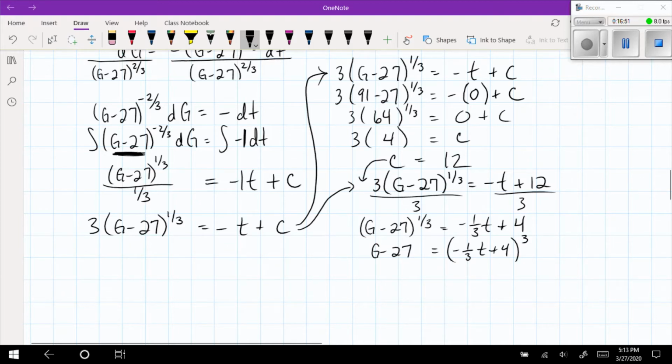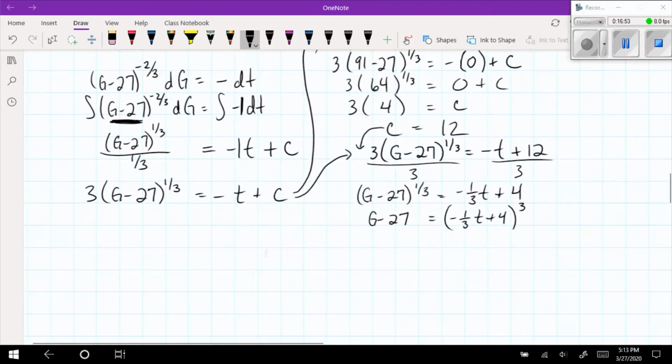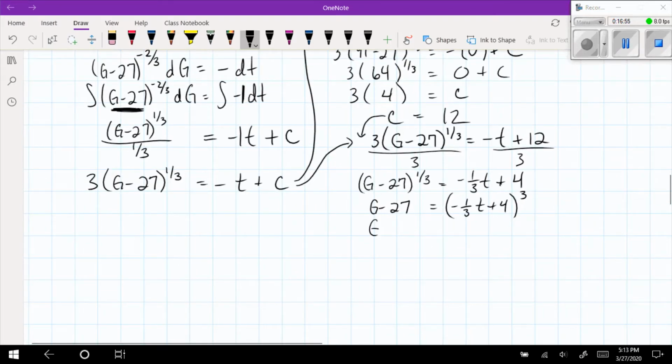And now all I have to do is add 27 to both sides of the equation and I'll have my g. I have g equals, and I think I'll drop down a line here just to make things nice. Negative 1/3 t plus 4 quantity cubed and then plus 27. And that I can refer to as my g of t.